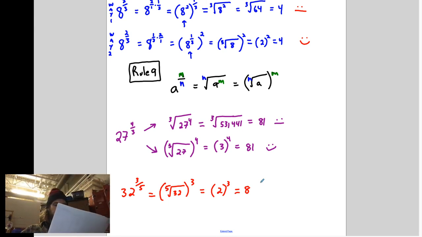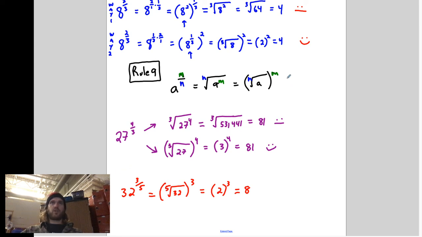The only other thing I'd like to add, on your assignment, you will be asked to go from exponential form like this to radical form, and you will be asked to go from radical form to exponential form.